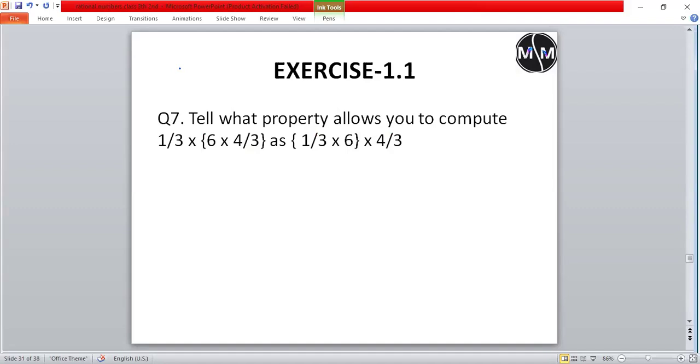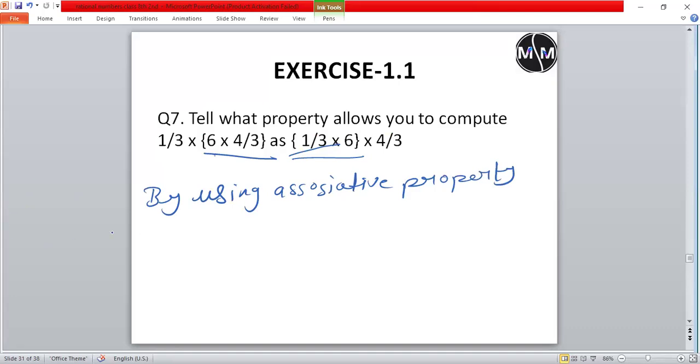In a commutative property, we are changing the position of the numbers, and in the associative property, we are changing the position of the bracket. In this question, the position of the bracket is changing. It means I have to answer by using associative property.